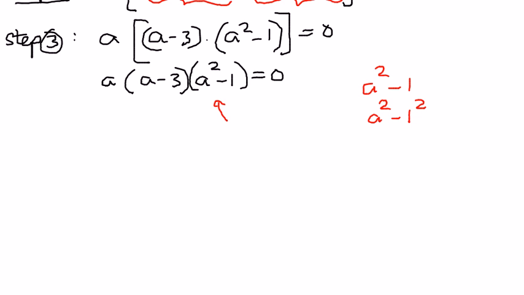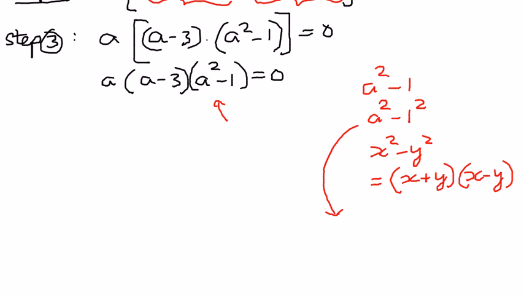This is in the form of x squared minus y squared, isn't it? X squared minus y squared can be written as x plus y times x minus y, which is the expansion of the difference of two squares. So a squared minus 1 squared can be written as a plus 1 times a minus 1.